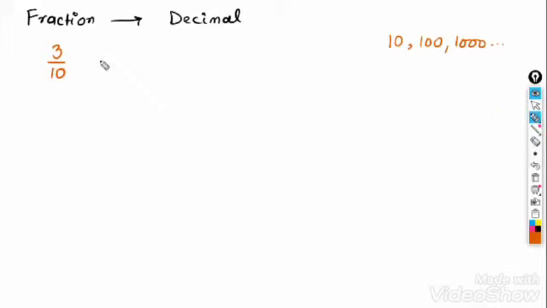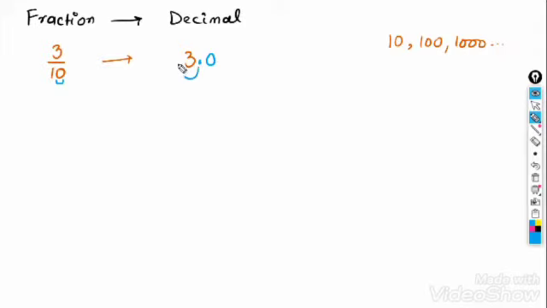For this one, I will just write this 3 as a whole number here, 3, and as this is a whole number, there is no decimal point. So it means that the decimal point is present at the end of the whole number, like this, 3.0. Now, in the denominator, we have 10, and in this 10, we have only one 0. So it means that my decimal will shift backward in only one step.